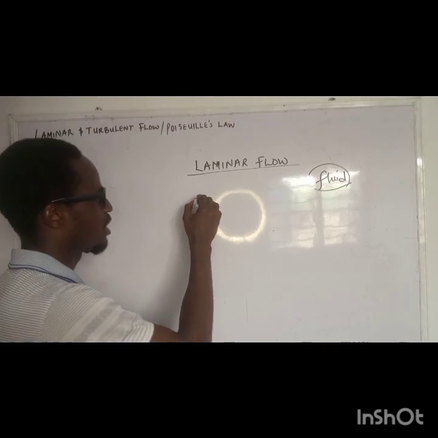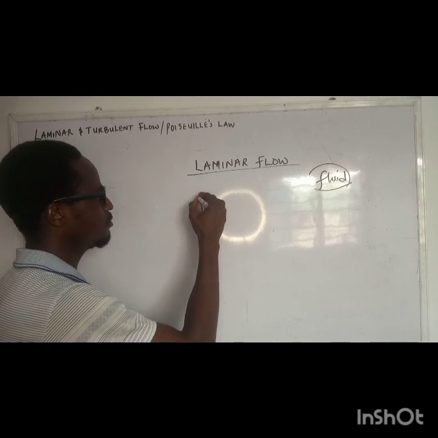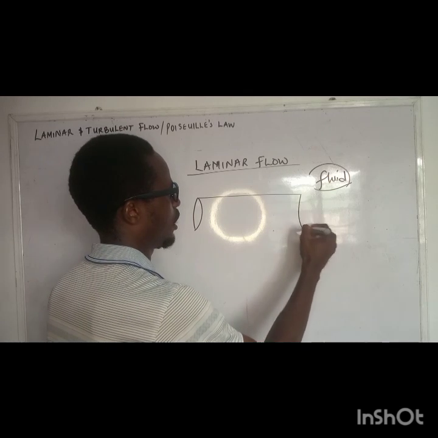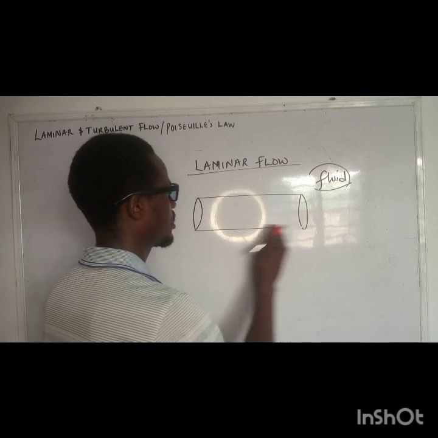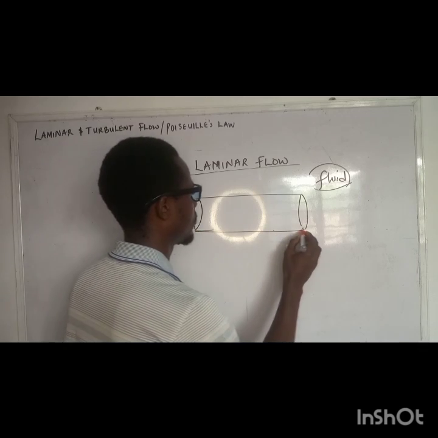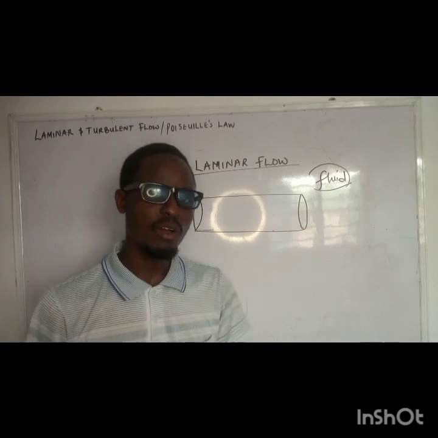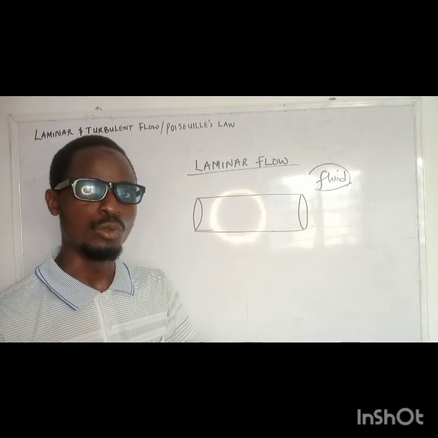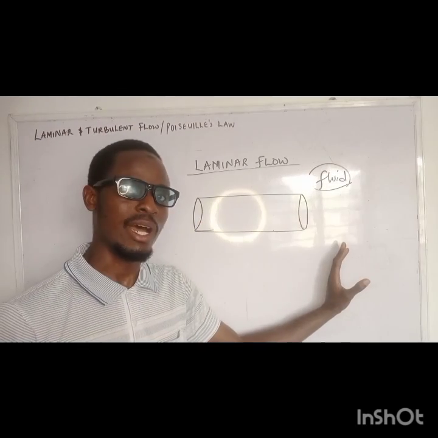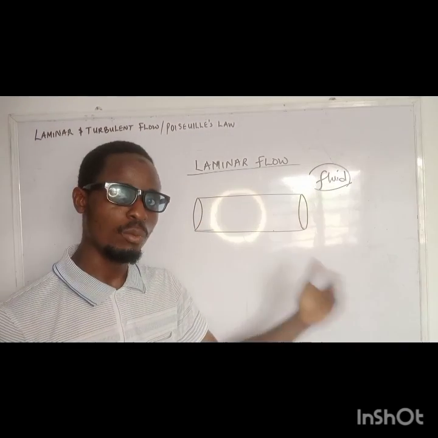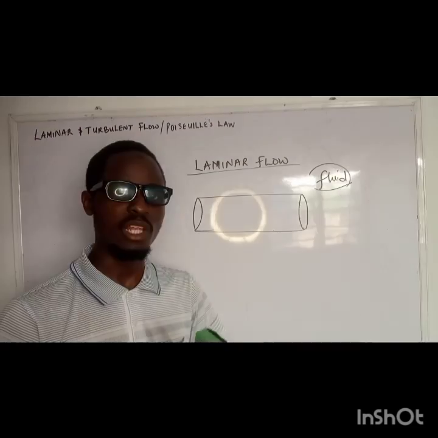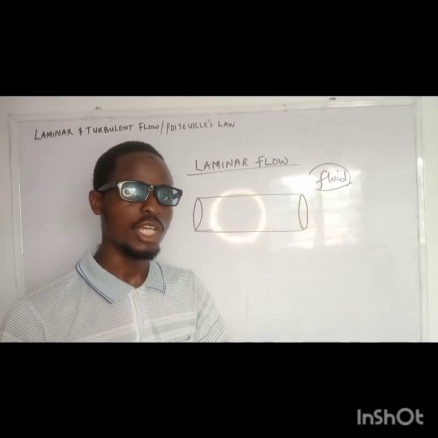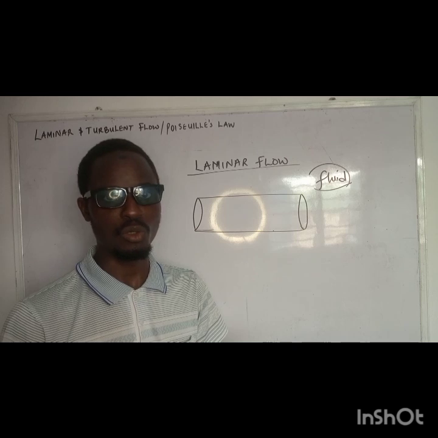So suppose we have a cylindrical pipe in this form. So now this is the pipe. A laminar flow is a flow of fluid along this pipe in slow motion, that is one, and then the velocities of the layers of the fluid are uniform, and the direction is also uniform.